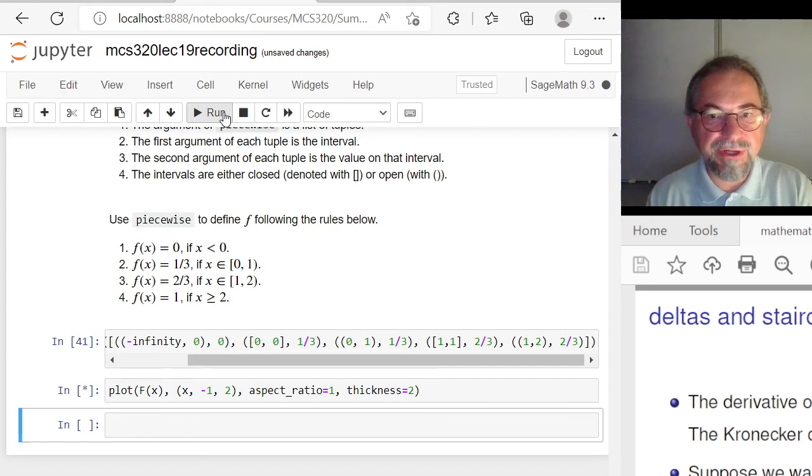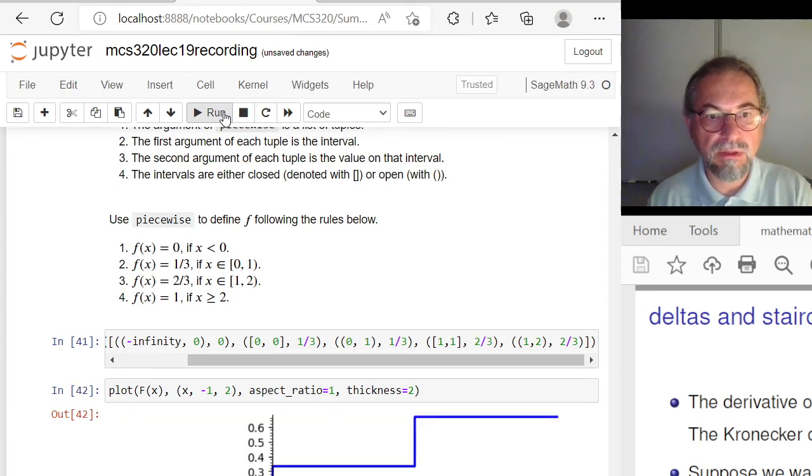I change the range where I want to see the plot from -1 to 1 to -1 over 2. And here you see that I have now also rule 3 defined correctly. So I ended with the open interval 1, 2, and also defined the point 1, 1.